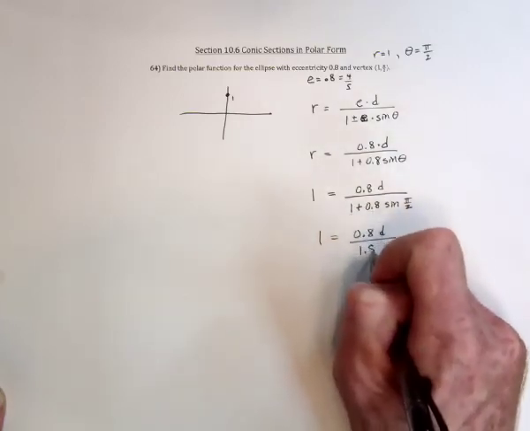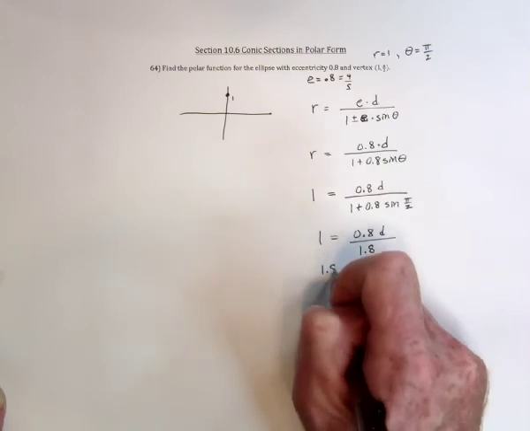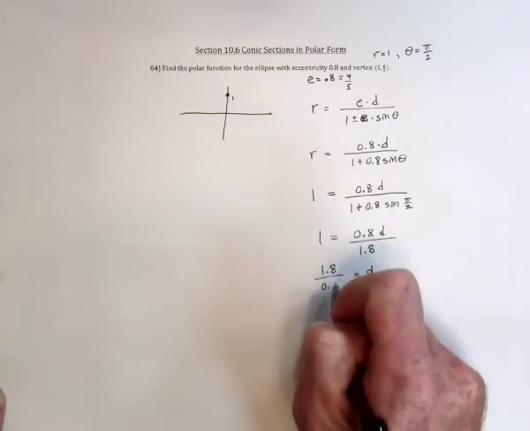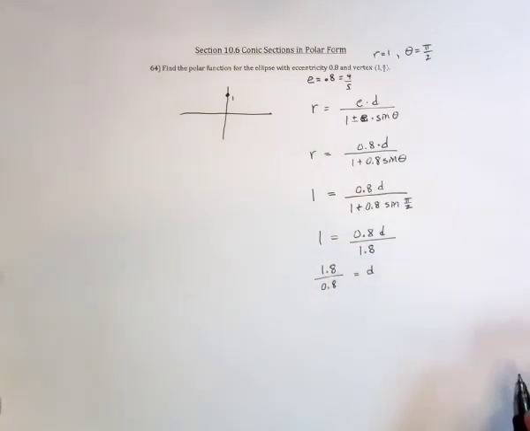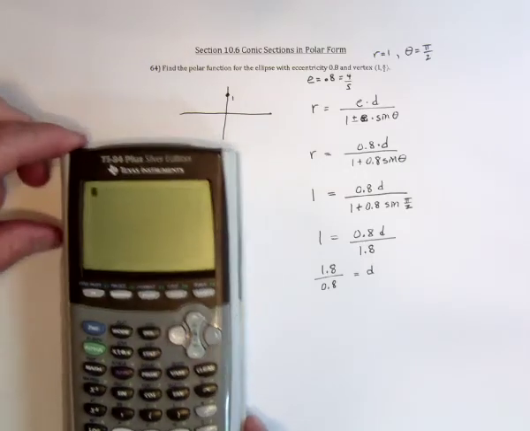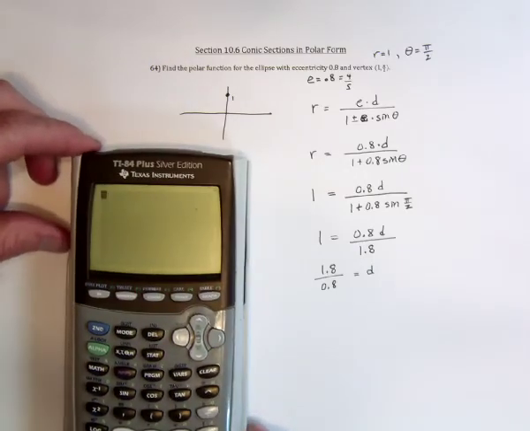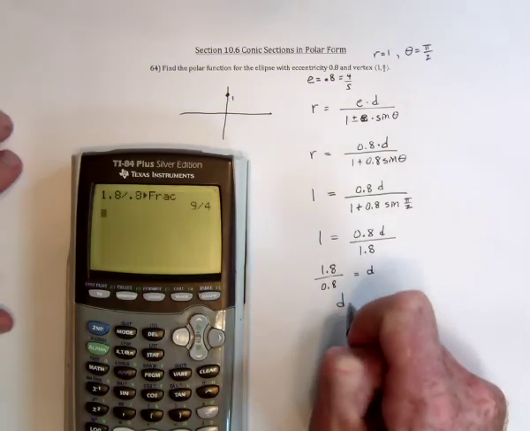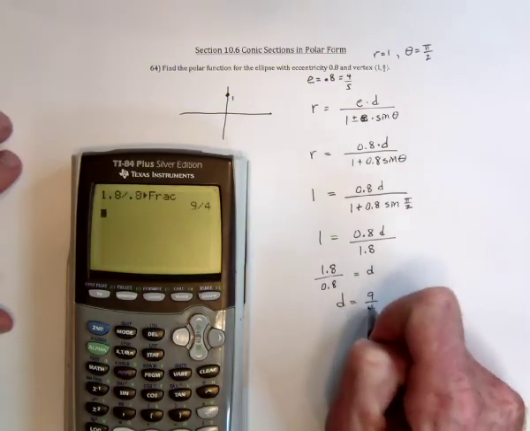Then do some fancy algebra, and we've got 1.8 divided by 0.8, which is 9/4. d is equal to 9/4.